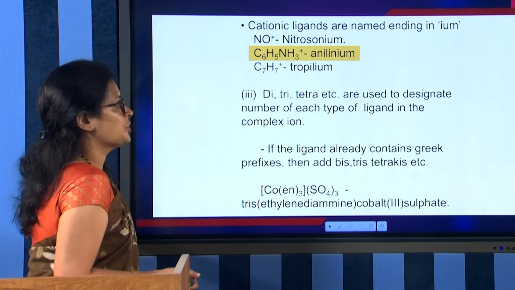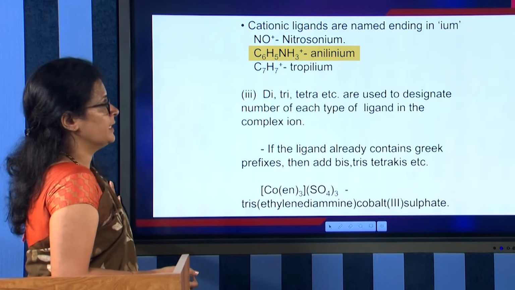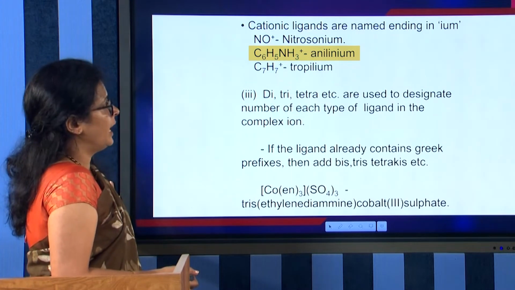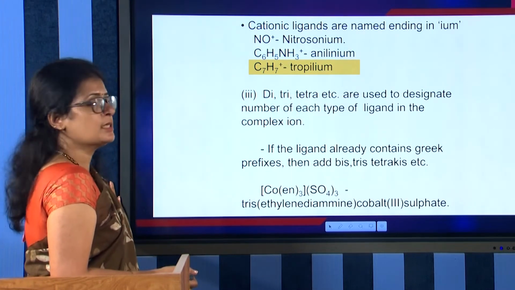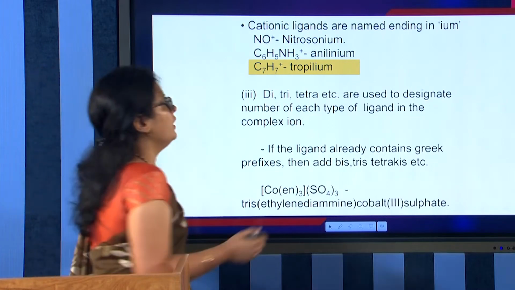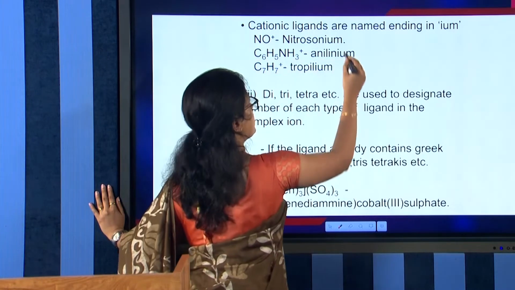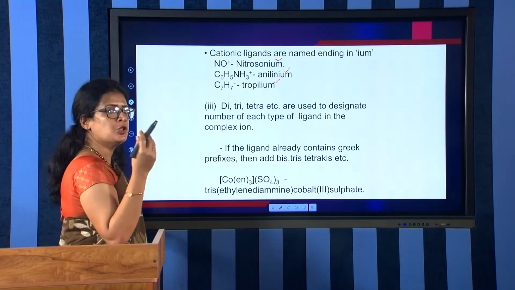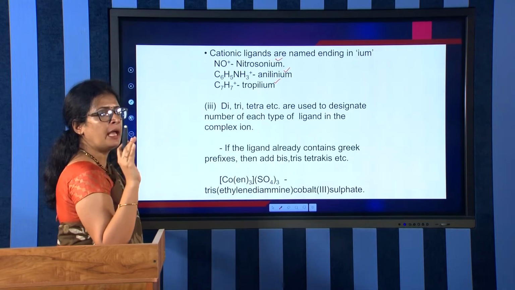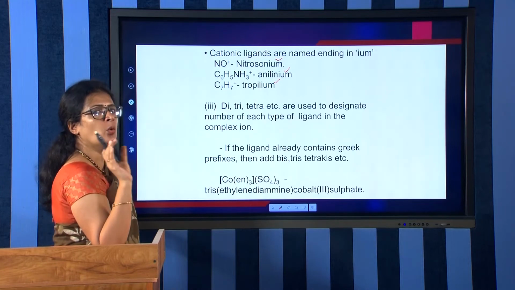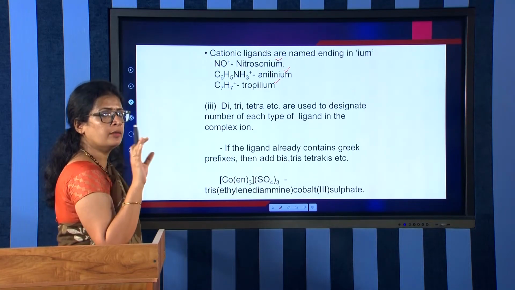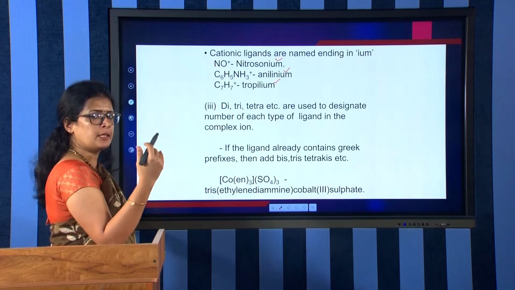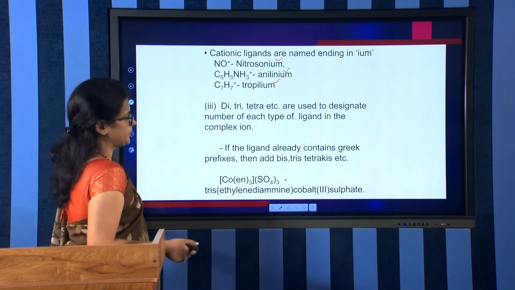Next, C6H5NH3 plus is anilinium, and C7H7 plus is tropylium. So, the cationic ligand should end in IUM. Anionic ligand should end in O. Neutral ligand should be named as such, and some exceptions are there.